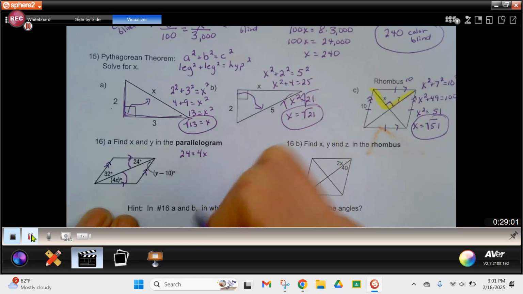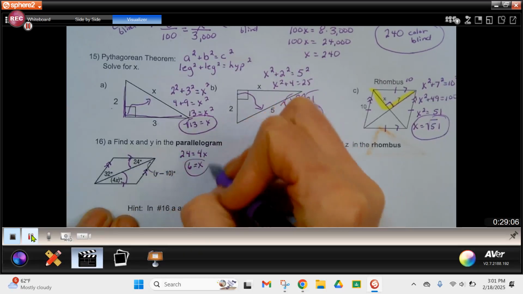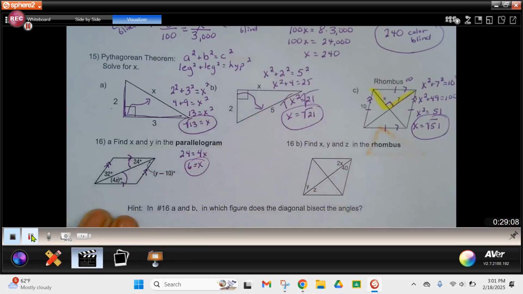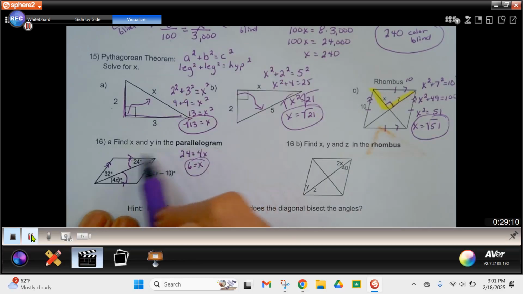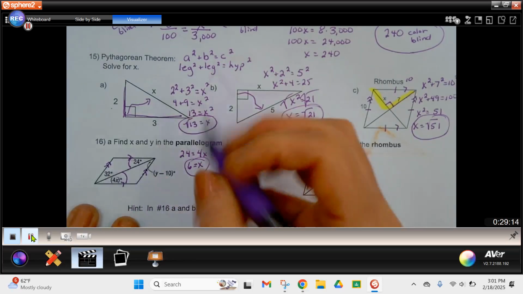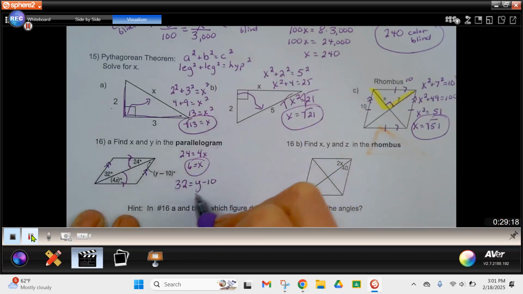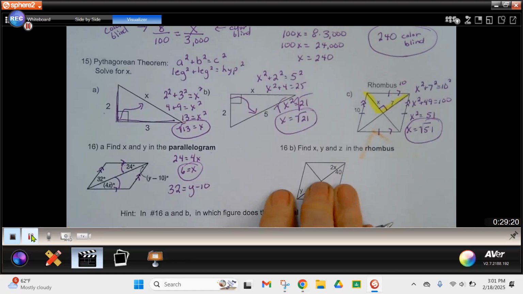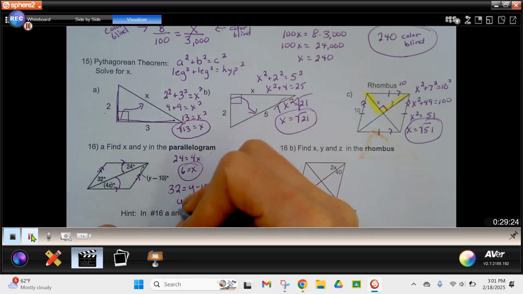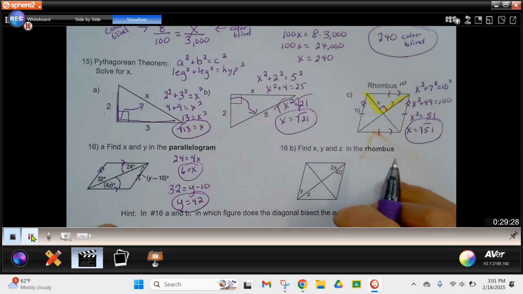All right, we'll divide by 4, and you get x equals 6. But do you see how we set that up? These are alternate interior. This is a parallelogram, so opposite sides are parallel. So that means that 32 equals y minus 10. So if I add 10 to both sides, then I get y equals 42. So those are our two answers for that parallelogram.